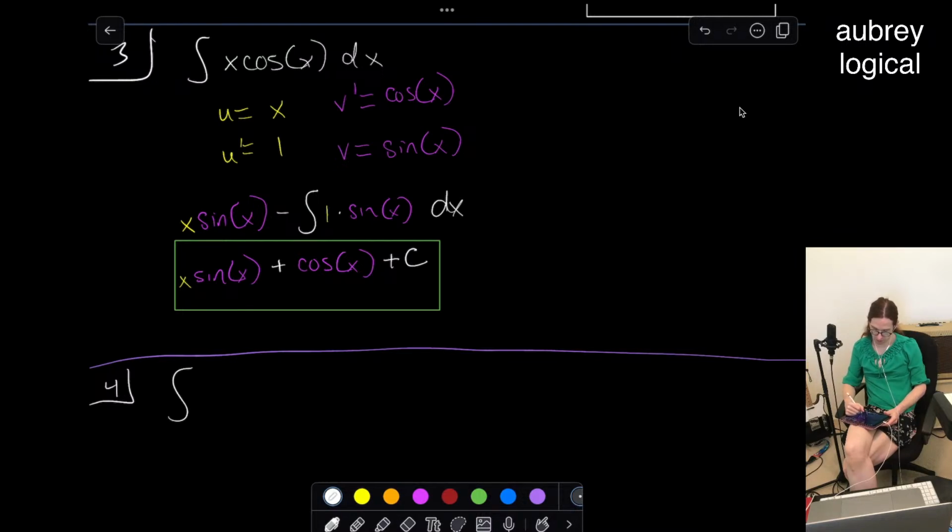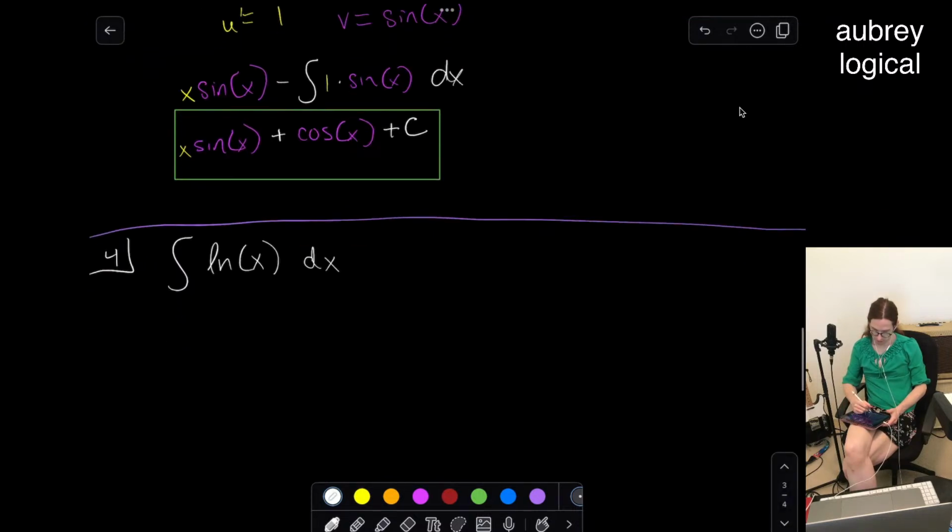So this one's kind of a doozy, because it doesn't look like you need to use integration by parts. It looks like you can just find the antiderivative of ln of x, which would just be... wait, I think the derivative of ln of u is u prime over u.